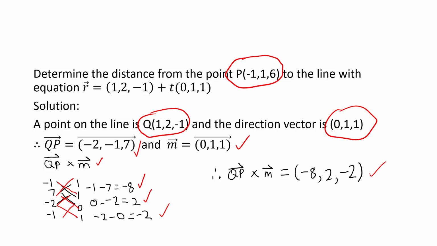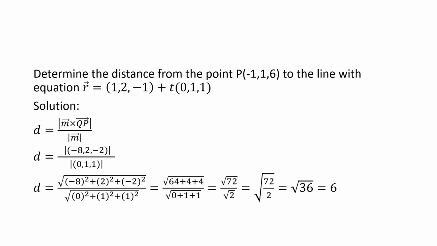Sometimes we talk about reducing normal vectors or direction vectors. We don't want to do that here because we're specifically using this vector that we're obtaining right here. What we really want it for is its magnitude. So don't go reducing the components there. So the distance from the point to the line will be the magnitude of m cross QP over the magnitude of m.